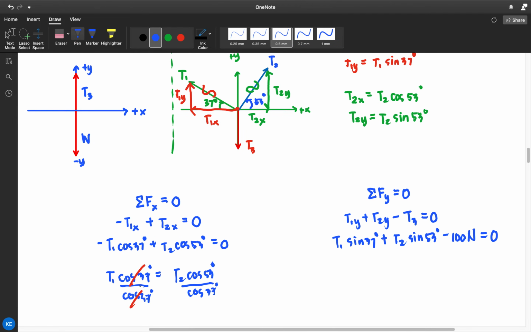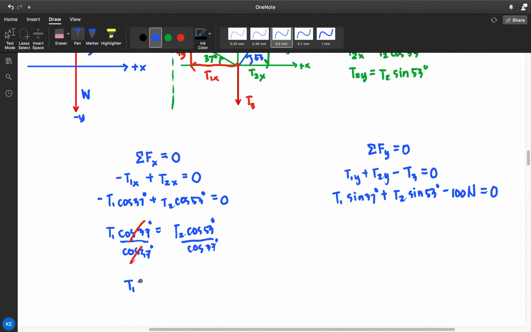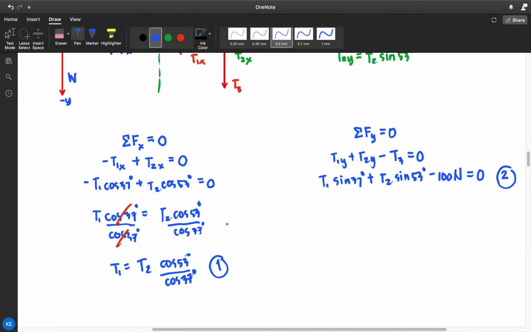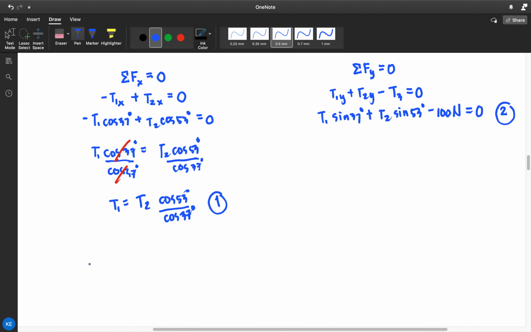Ma-cancel out, so your T1 is simply equal to T2 cos 53 over cosine 37, and I'll call this equation 1. Kani, we'll call this one equation 2. So all we have to do is to substitute equation 1 to equation 2. Again, I repeat, substitute equation 1 to equation 2.